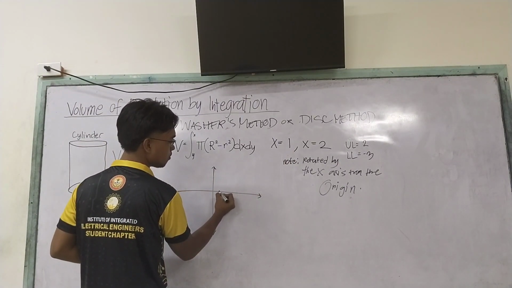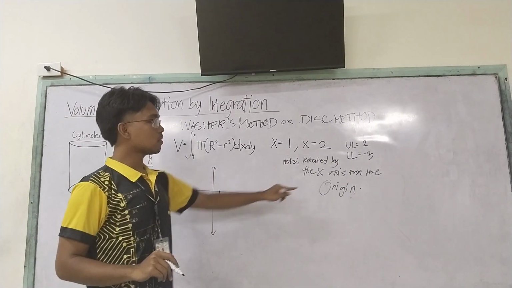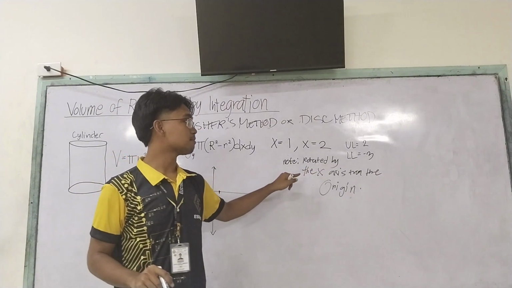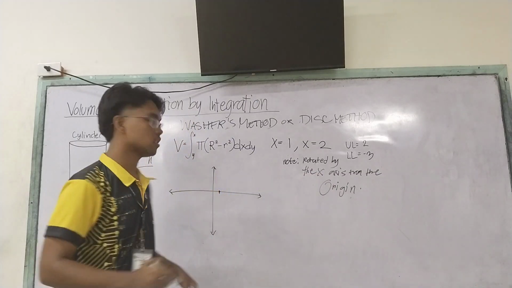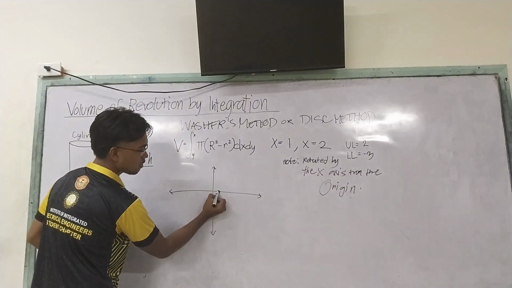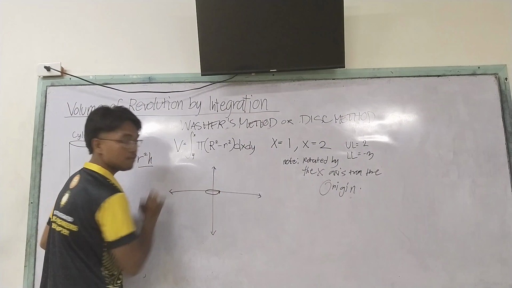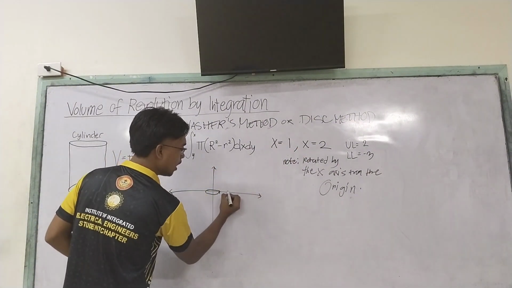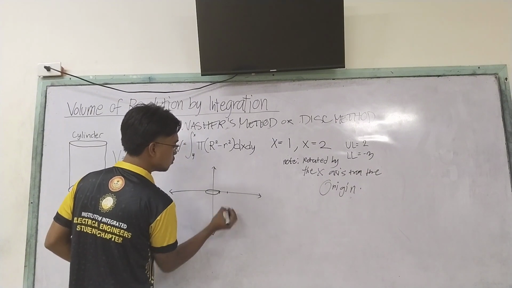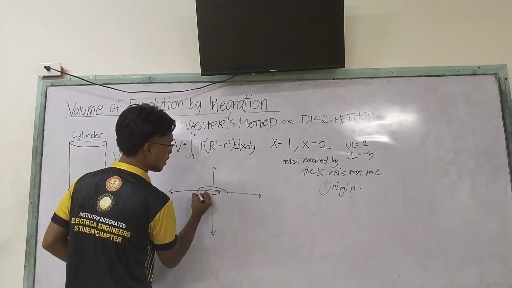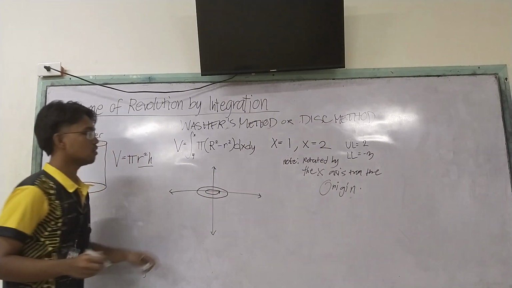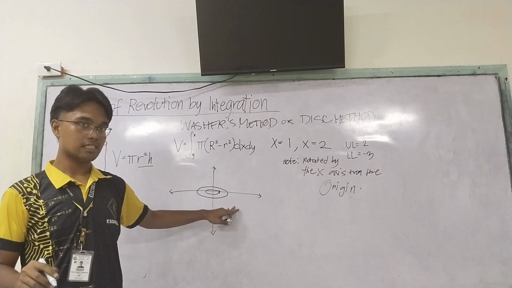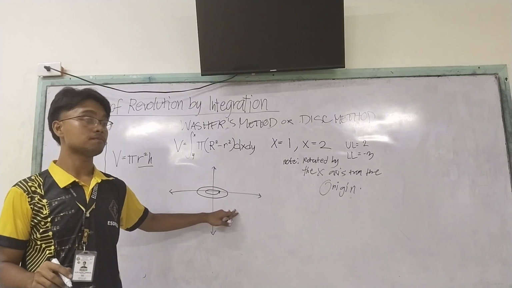Note that it is rotated about the x-axis from the origin. So we can form one revolution for x equals 1, and plug in x equals 2 to form a second revolution. In this part, we can say that it is the Washer's method.